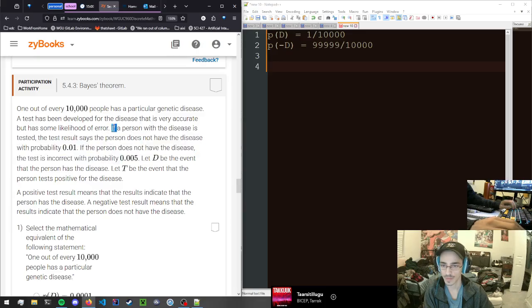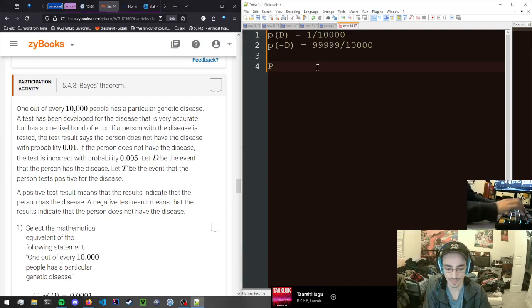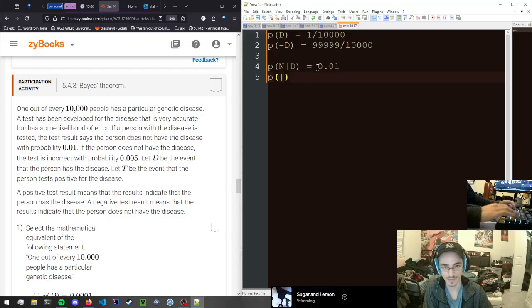If a person with the disease is tested, it says they do not have the disease, so negative, with a probability of 0.01. If the person does not have the disease, the test is incorrect with a probability of 0.005.